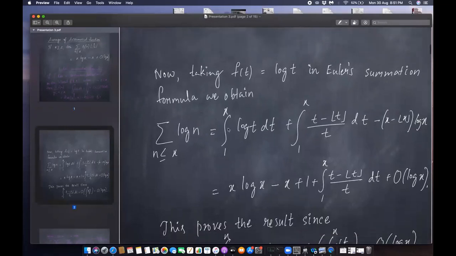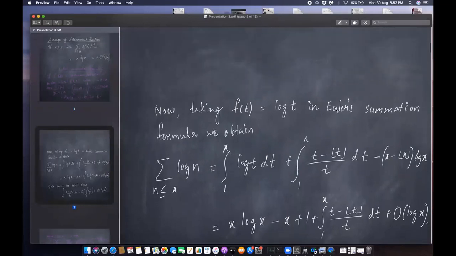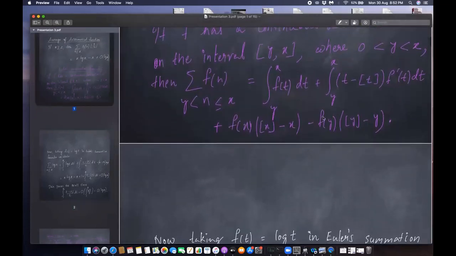Here we can replace f of t by log of n, and if we put it on the right side, on the integral, we have this. This is just direct substitution, where for this one we have 0, because we have chosen y as 1.